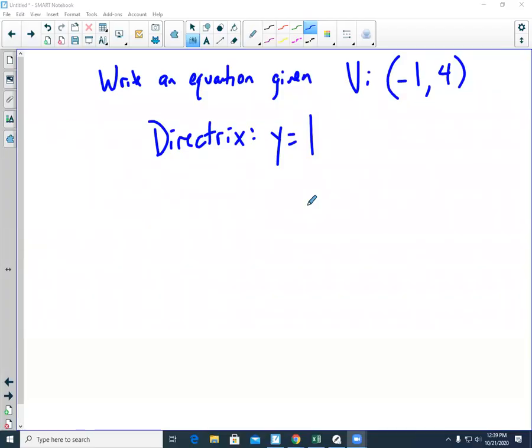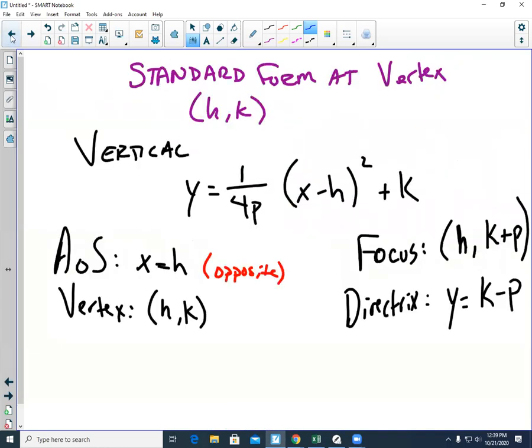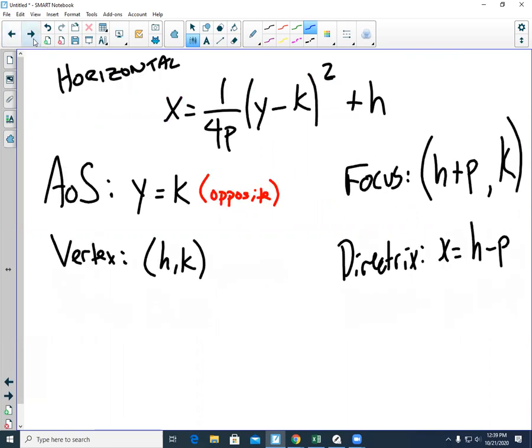So we should be able to see that this thing is y equals form from this. So the directrix is in the form of y equals. Since it's in the form of y equals, that means this is going to be a vertical parabola.